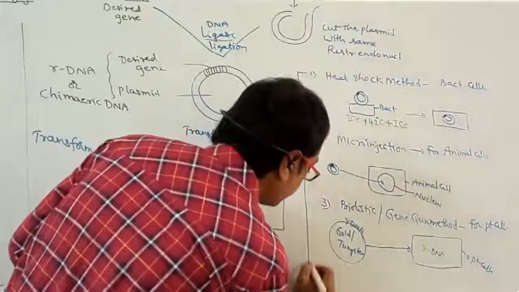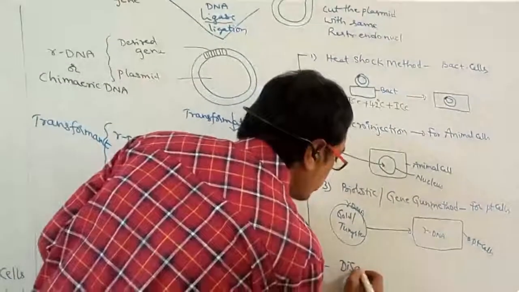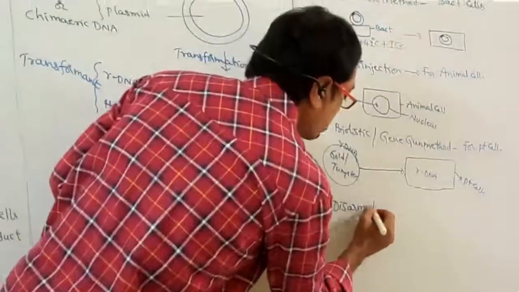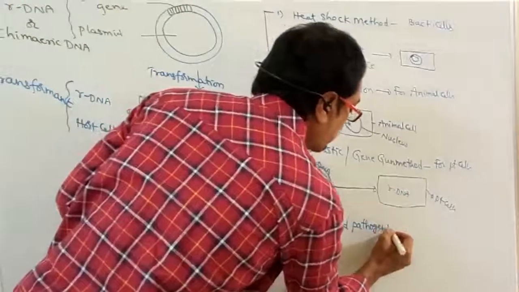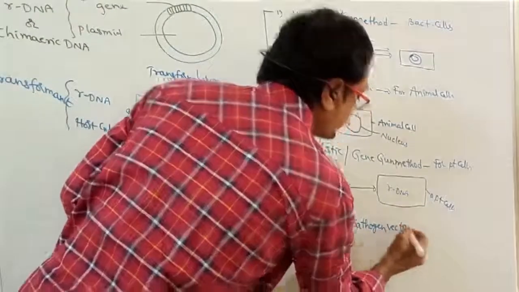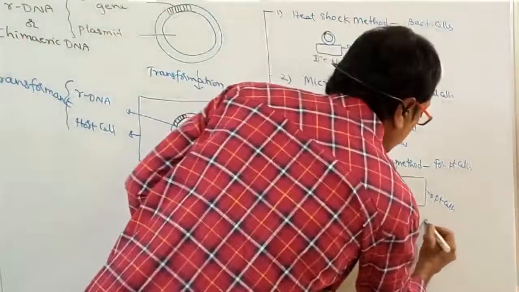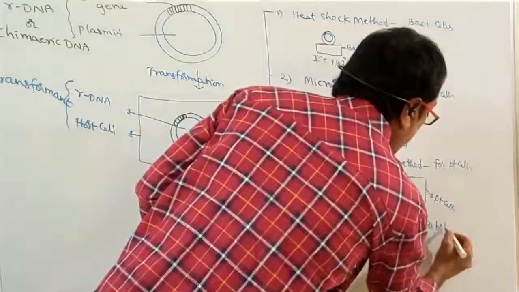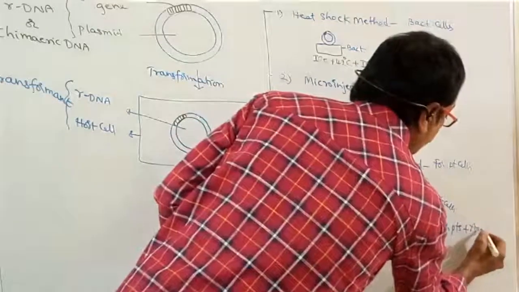And the next one is disarmed pathogen vectors. Disarmed pathogen vectors can be applicable for both plants and animals.